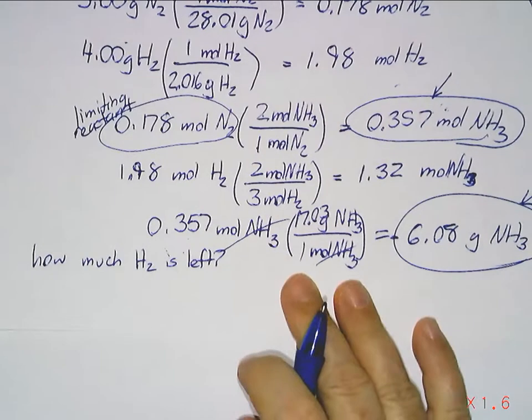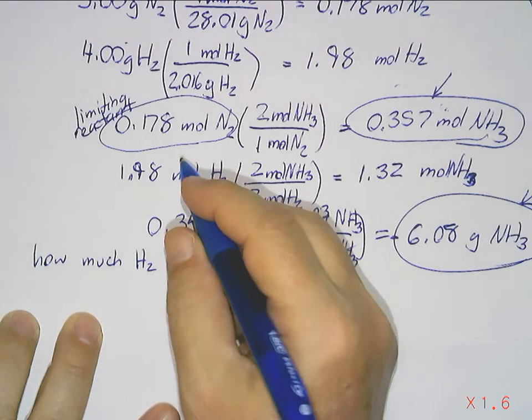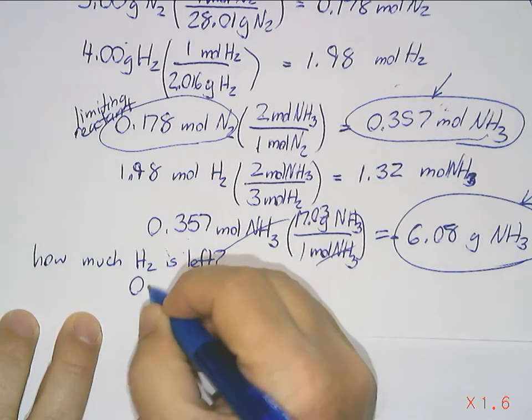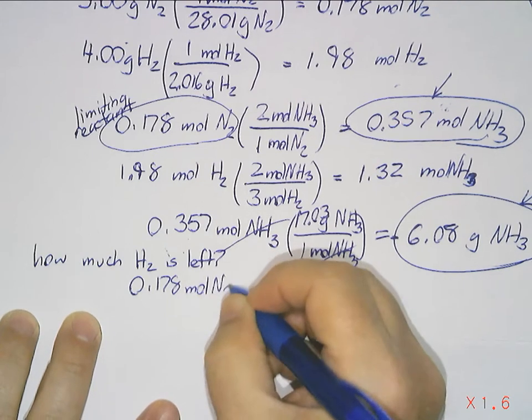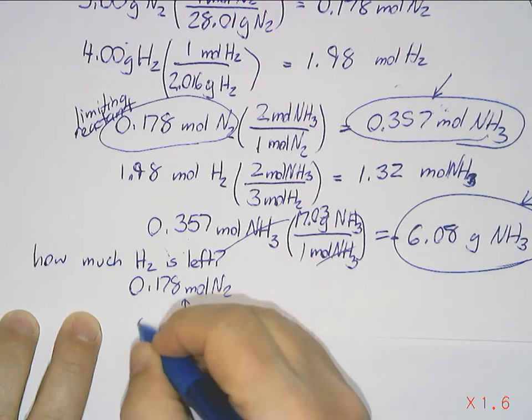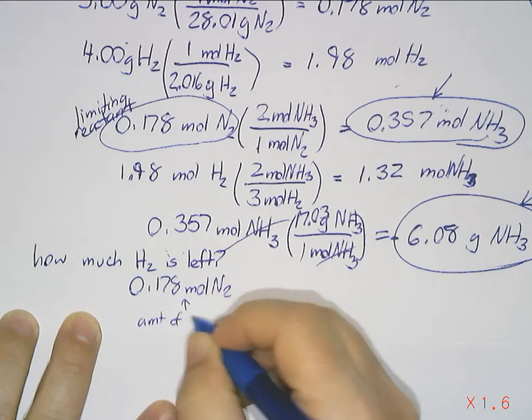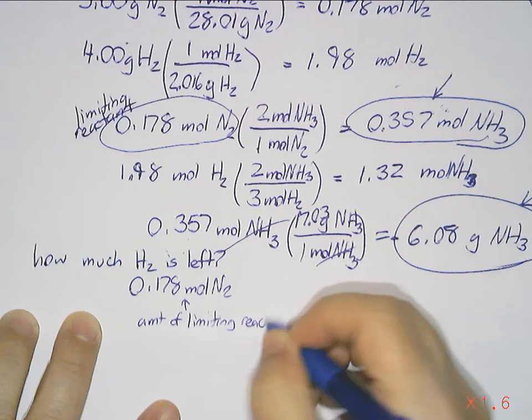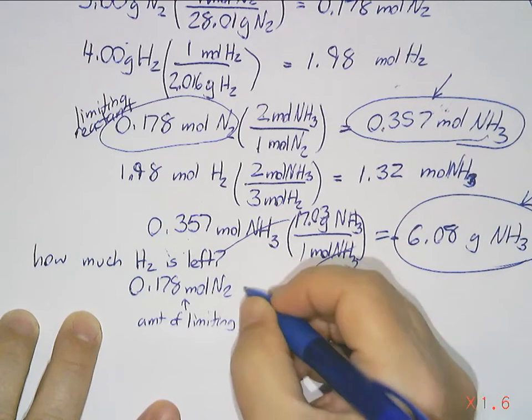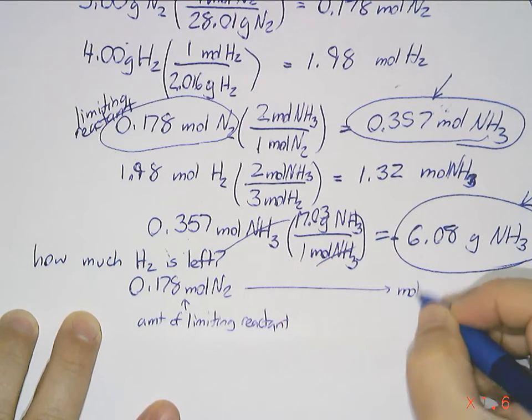All right, I'm going to take the amount of limiting reactant, and I'm going to use that to figure out how many moles of H2 were used up.